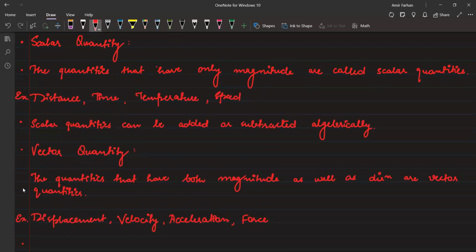So vector quantities are the quantities that have both magnitude and direction. It has the same magnitude as a scalar, but it also has a given direction.